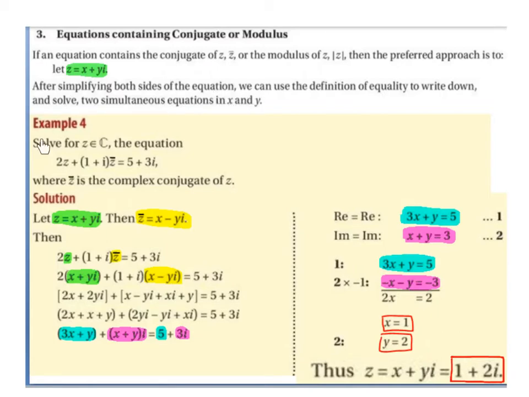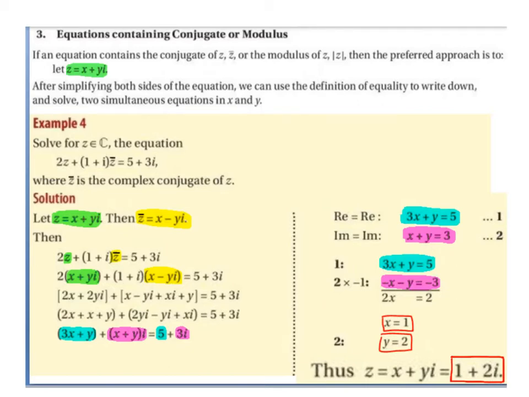Example 4. Solve for z, an element of the complex number set, the equation 2z plus 1 plus i conjugate z equals 5 plus 3i, where z bar is the complex conjugate of z.